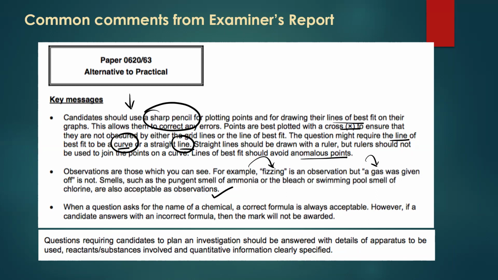When a question asks for the name of a chemical, a correct formula is always acceptable. So if they ask you for the name of the chemical, you can write lithium sulfate, or you can also write Li2SO4. This is also correct and acceptable. However, if a candidate answers with an incorrect formula, then the mark will not be awarded.